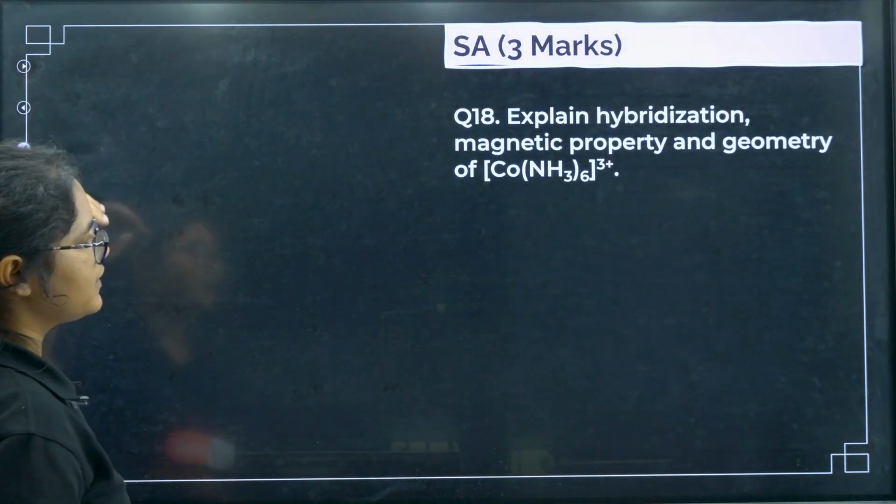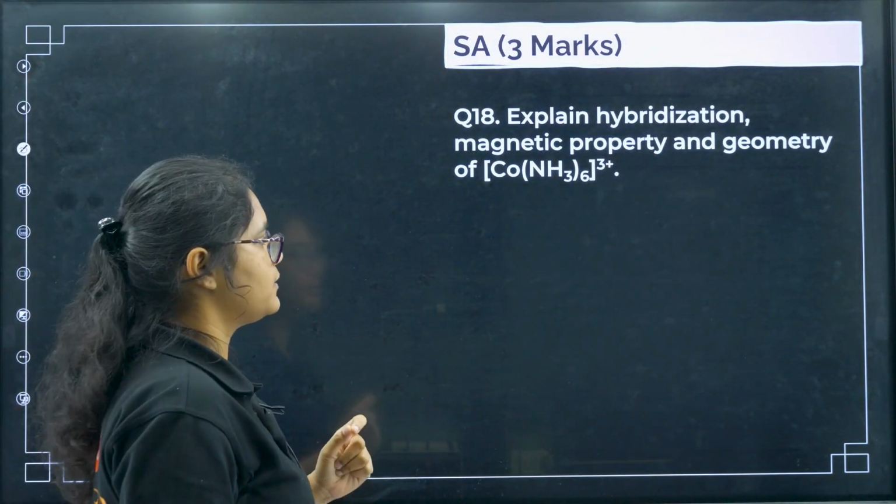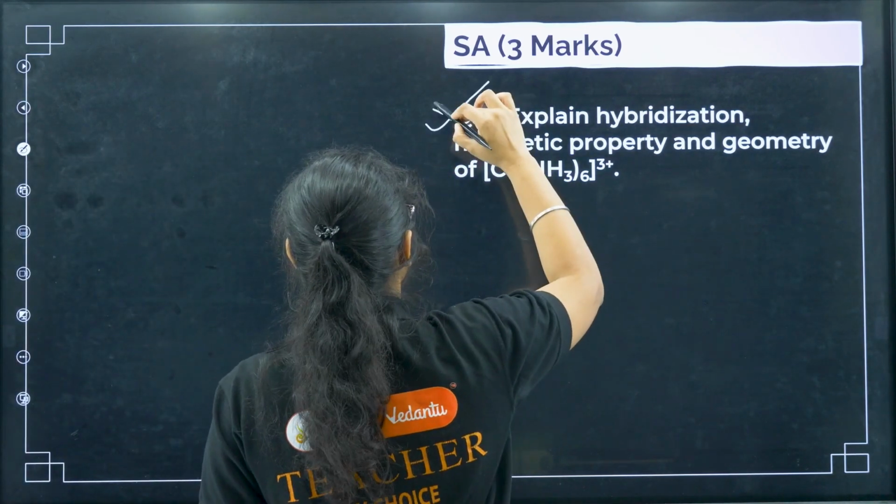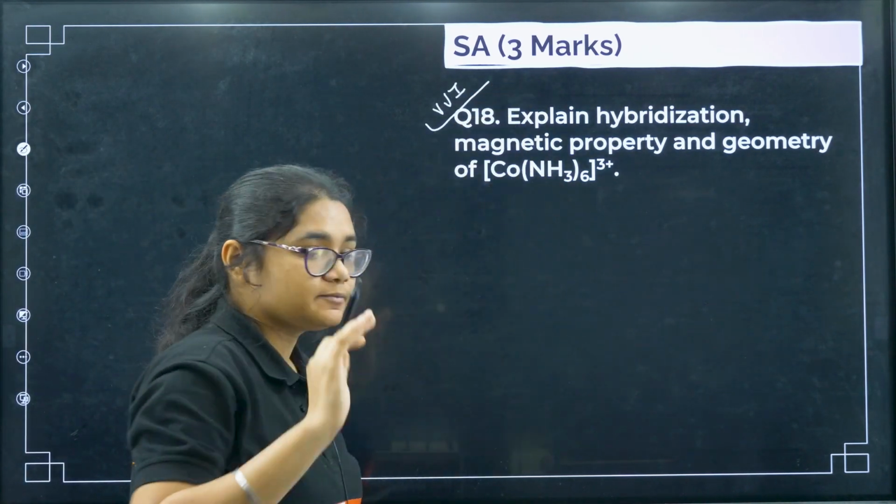Next we have: explain the hybridization, magnetic property and geometry of [Cu(NH3)6]3+. This is a very important and an expected question.